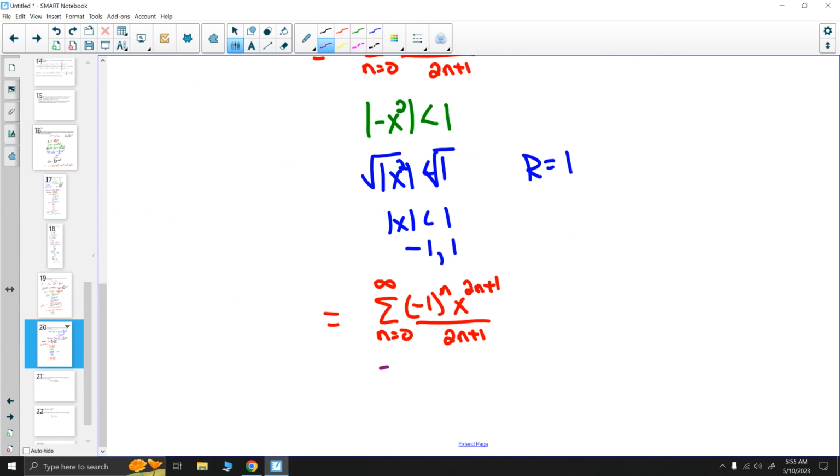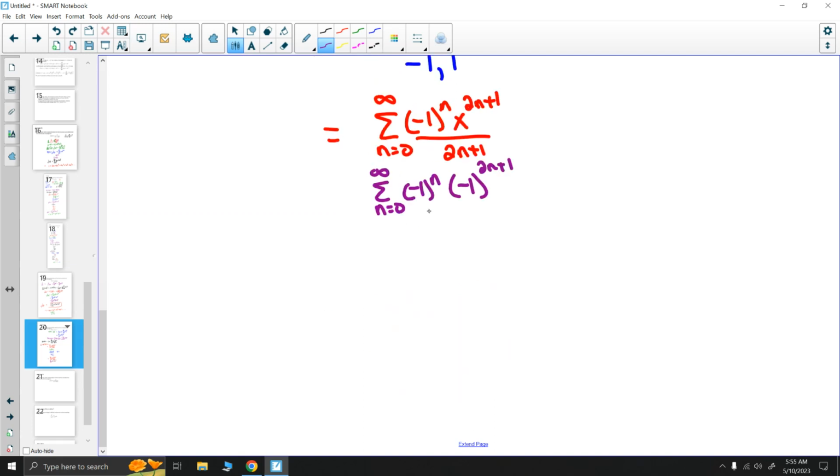When x is -1, we have the sum n equals 0 to infinity of (-1)^n times (-1)^(2n+1) over 2n plus 1. These both have the same base, so we can add the exponents: 2n plus 1 plus n. That's going to be (-1)^(3n+1) over 2n plus 1.